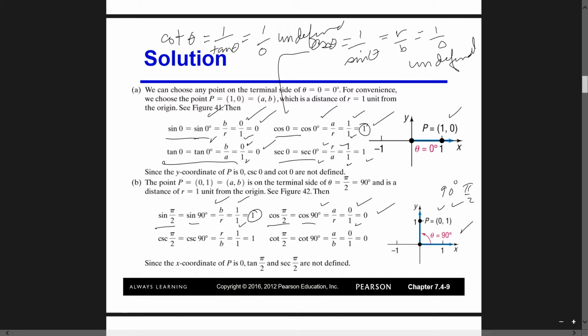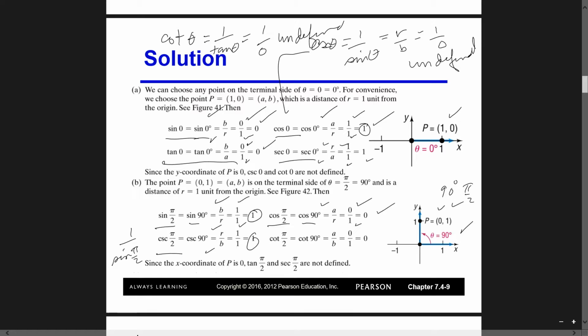Let's go ahead and do cosecant of pi over 2, which is 1 over sine of pi over 2, which would be 1 over 1. It's also equal to r over b, which is 1 over 1.